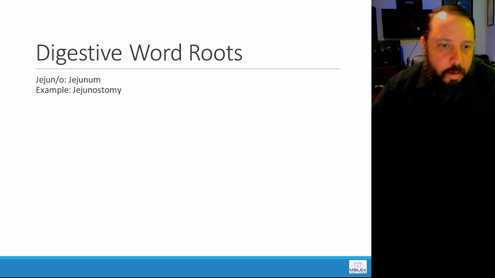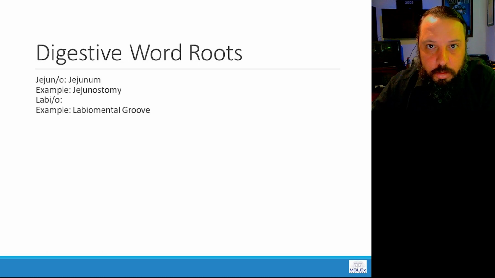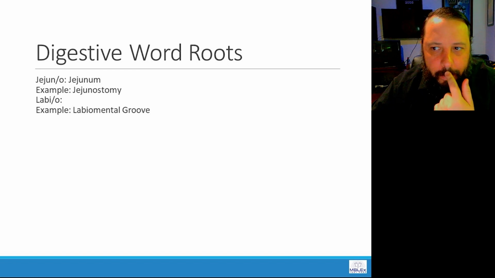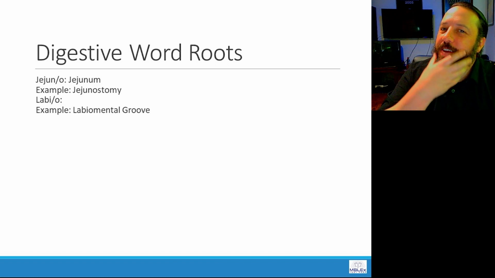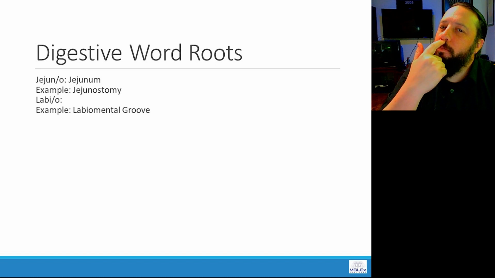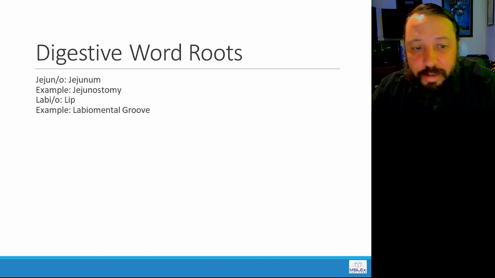Okay, labio. Labiomental groove is an example. Labiomental groove right here. You can't really see it on me with my enormous beard and mustache. But that part right under the nose that goes down to the lips, right?